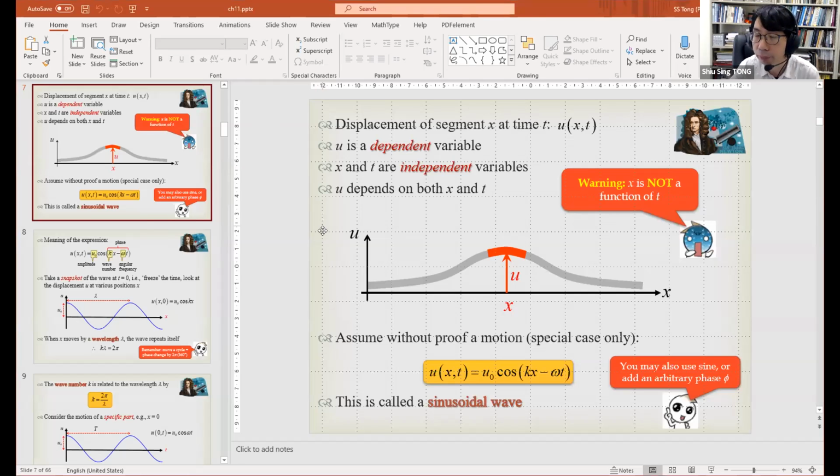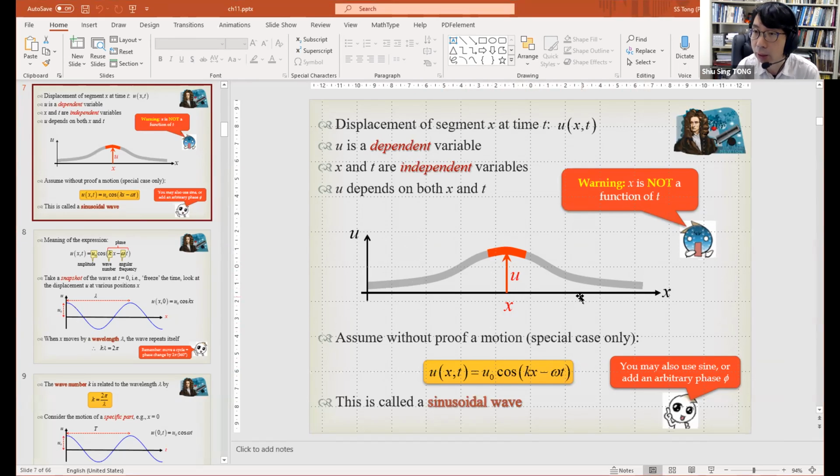In our previous discussion, we stated without proof the expression for sinusoidal waves traveling along a taut string. This is a string, and the label of the string is the coordinate x.